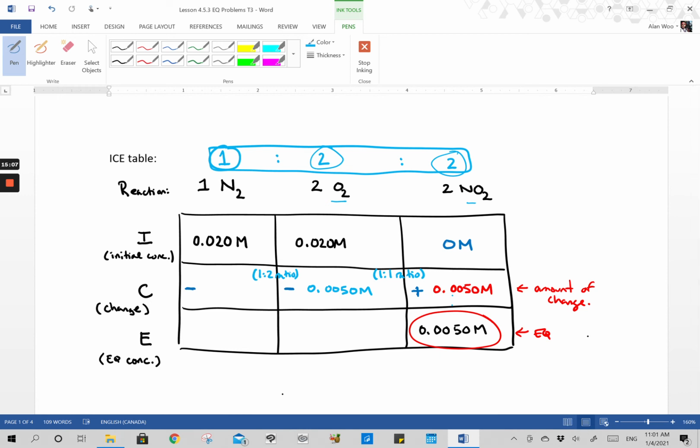So in the end, this number here is going to be half of 0.0050. So it should be 0.0025 molarity, because it's a 1 to 2 ratio.